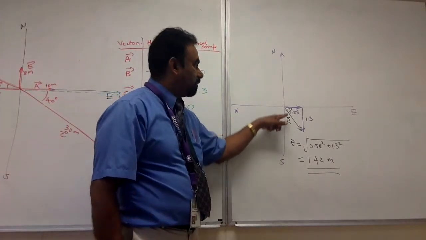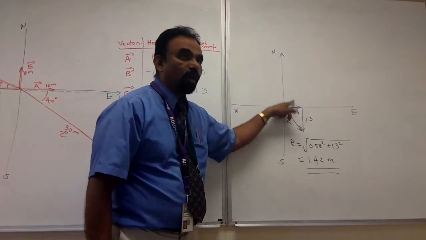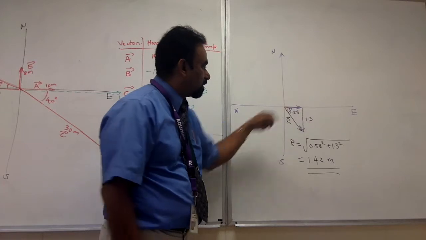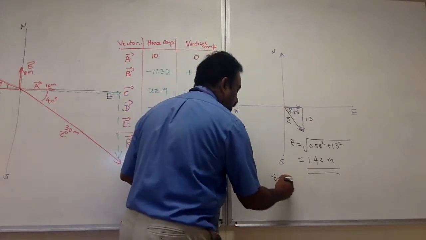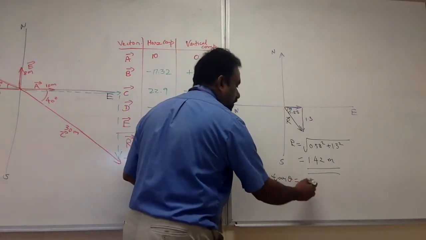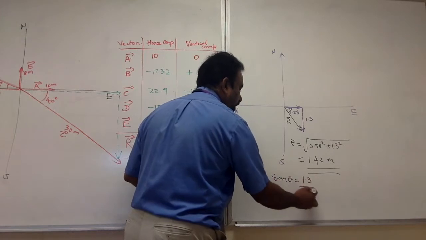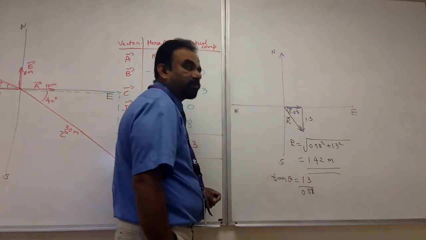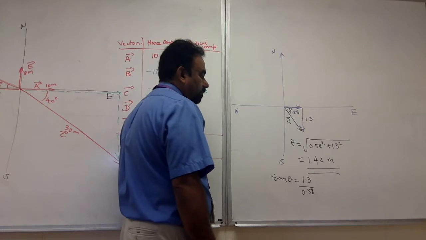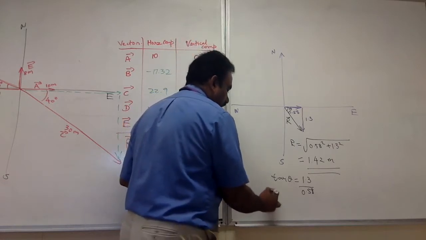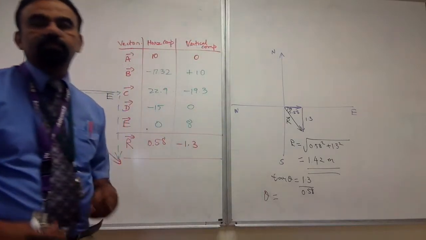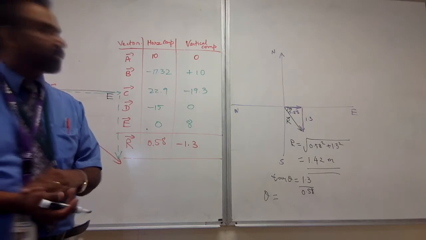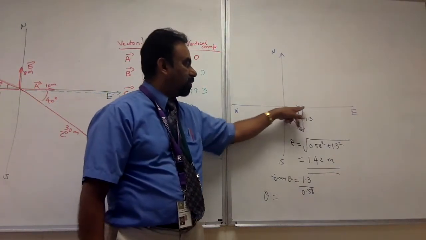How do you find the angle? Trigonometry connection. This is opposite, this is adjacent. So tan of the angle is 1.3 over 0.58. What is the angle then? You see why it's 1.3 over 0.58? Because the opposite.